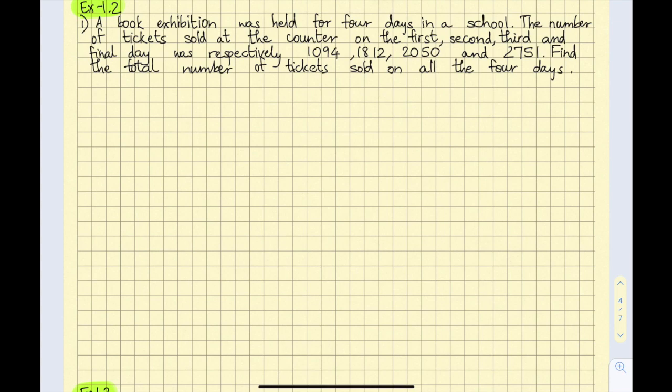So we quickly write short statements which give information about the number and the details. So this is giving details about tickets sold on the respective days. So we write first day is 1094. So I leave some space, 1094. Then we move on to the second day.